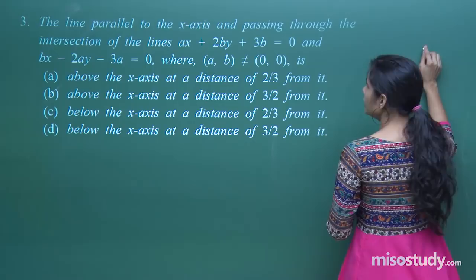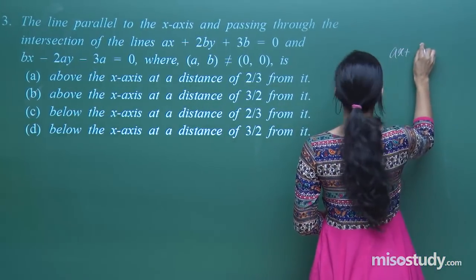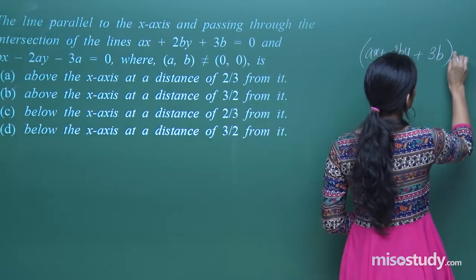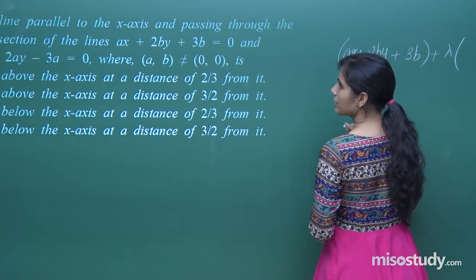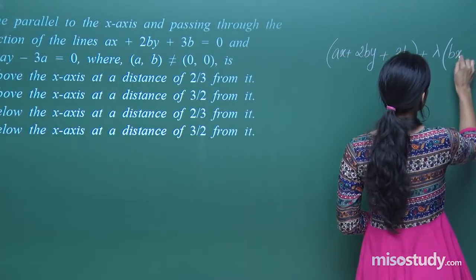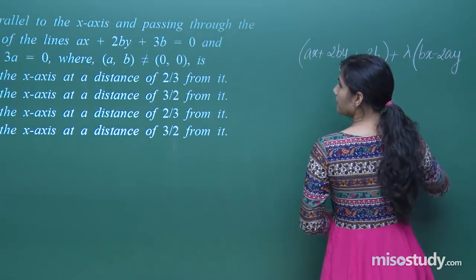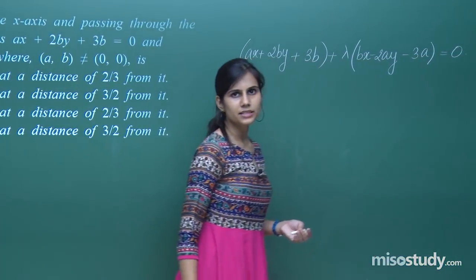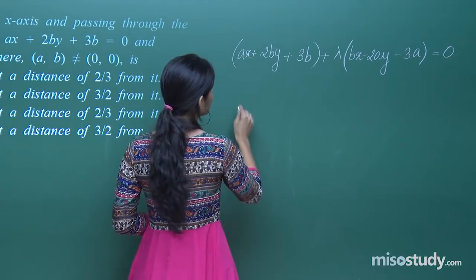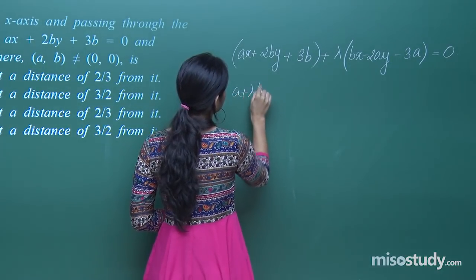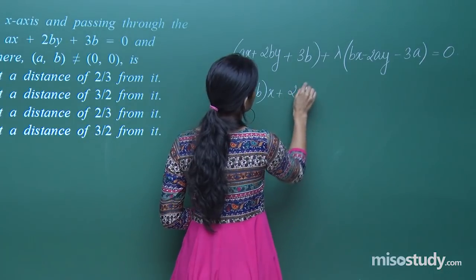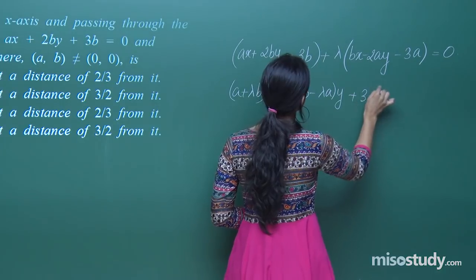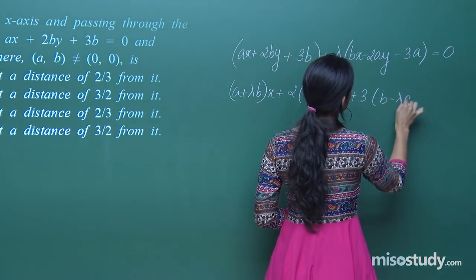It is given by ax plus 2by plus 3b plus lambda times the next one, which is bx minus 2ay minus 3a, equals 0. This is the equation of the line passing through the intersection of the two given lines. So you have (a plus lambda b)x plus 2(b minus lambda a)y plus 3(b minus lambda a).